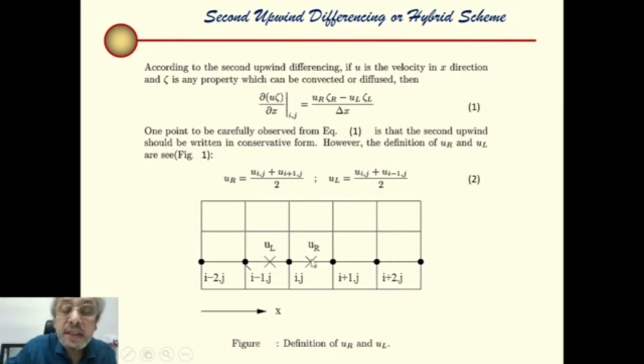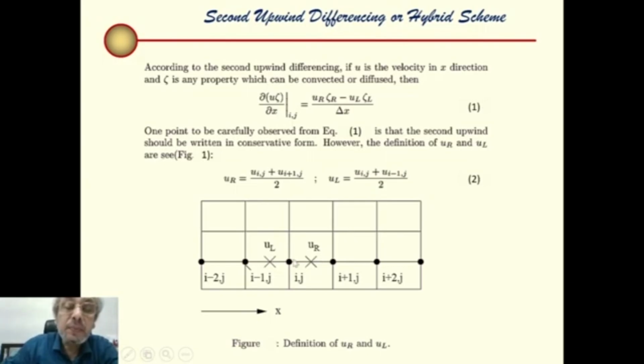Now u_r we have written very simply, since we have taken a uniform grid: u_r is u_i,j plus u_i plus 1,j by 2, and u_l is u_i,j plus u_i minus 1,j by 2.